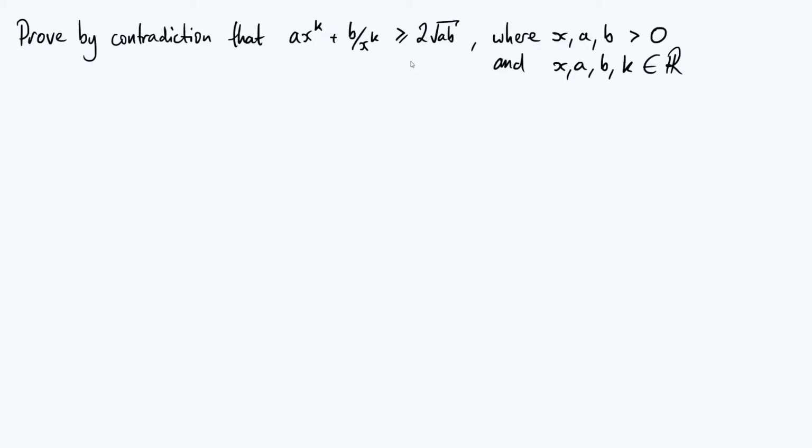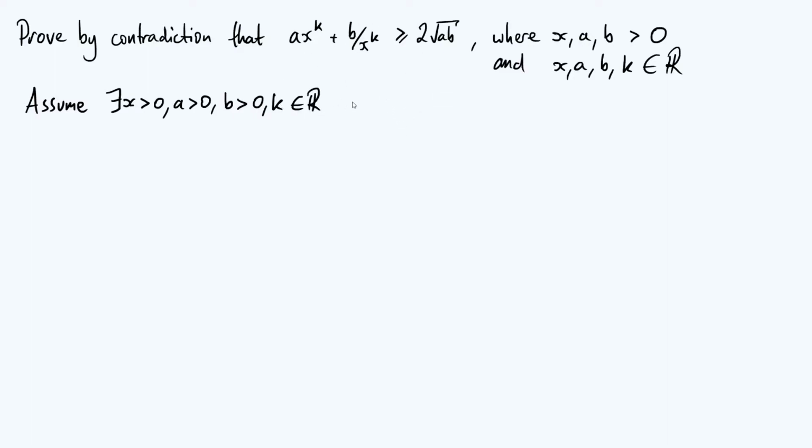So let's get on with the proof, and as with any proof by contradiction, we are going to start by making an assumption. What we want to assume is the opposite of what we're trying to prove. In this case, that means we're assuming that there exists some real positive value of x, some real positive value of a, some real positive value of b, and also some real value of k that make this statement false, right?